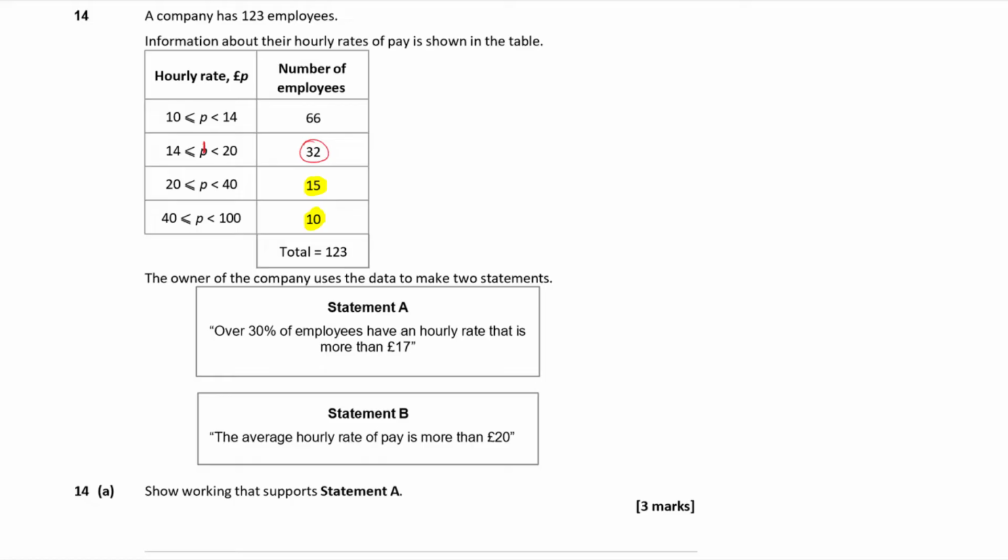Okay, so 17 lies halfway between 14 and 20. So if it lies halfway, then let's use half of 32. So 32 divided by 2, that's equal to 16.